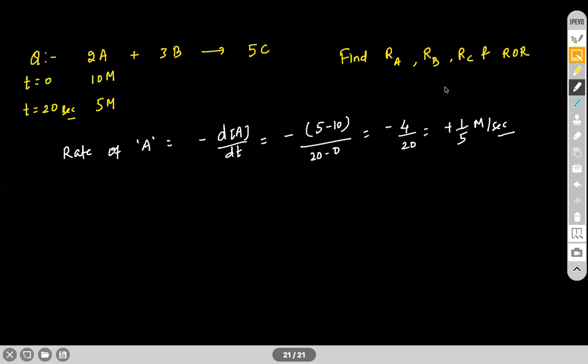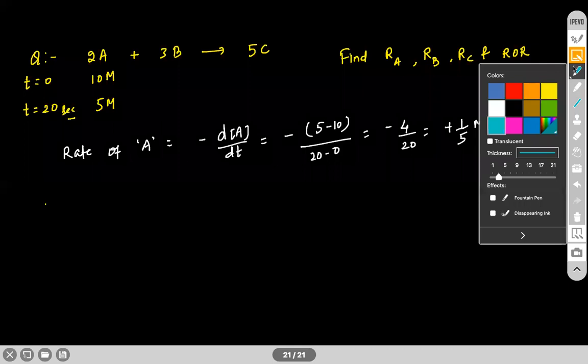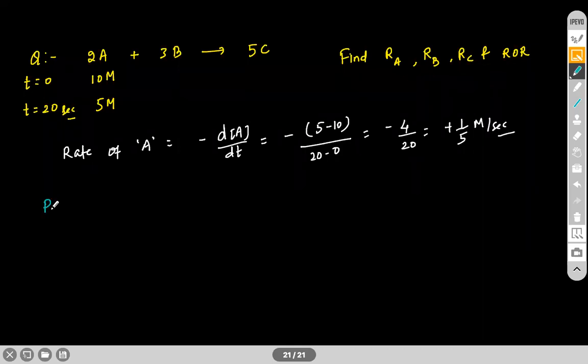Acha. One more thing you tell me. If I ask you the rate of A, we know, right? Now, can I write down the expression of ROR here? Rate of reaction. What is the rate of reaction we can write? The rate of A should be plus 1/4. Rate of A should be 10 minus 5 is 5, not 4.